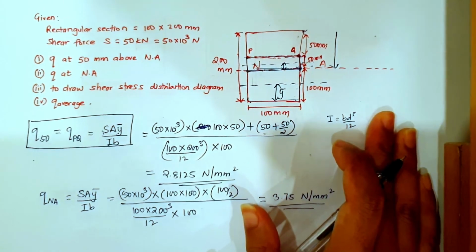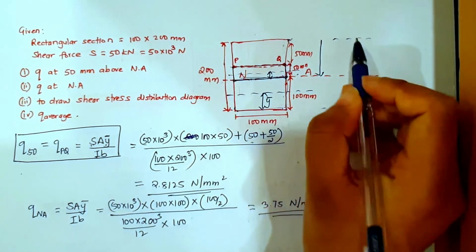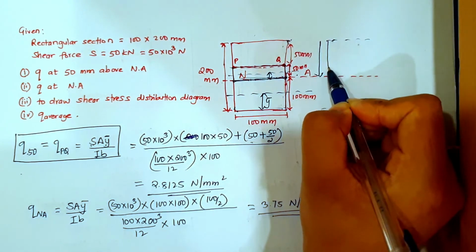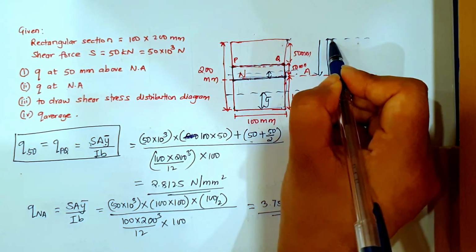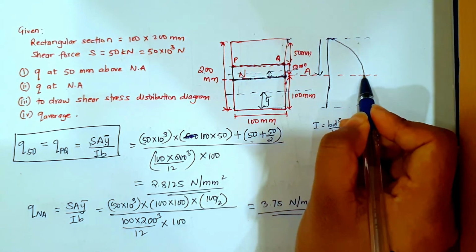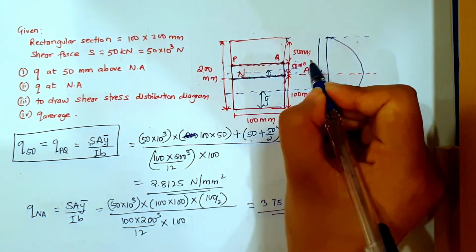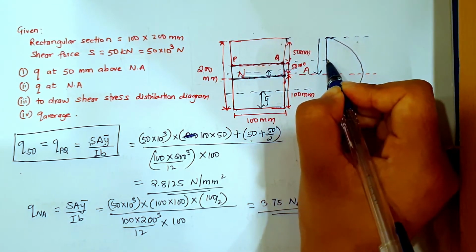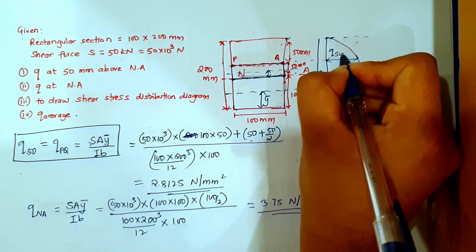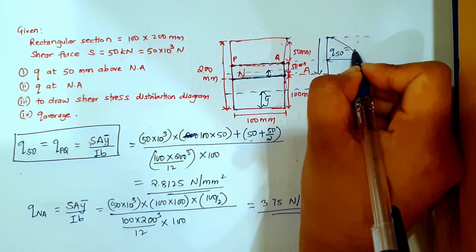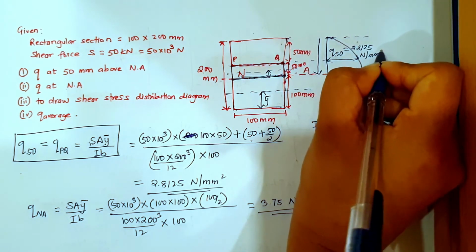Okay, now if we draw the diagram, from here you will get a parabola, maximum at this point, then again it will start reducing. Now at this point was shear stress at 50, right? This we got equal to 2.8125 Newton per mm square.